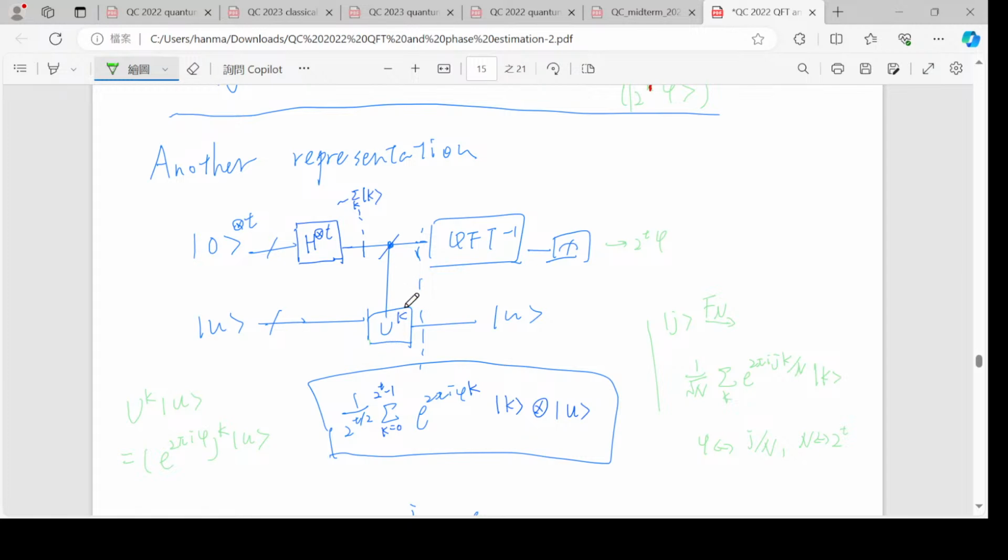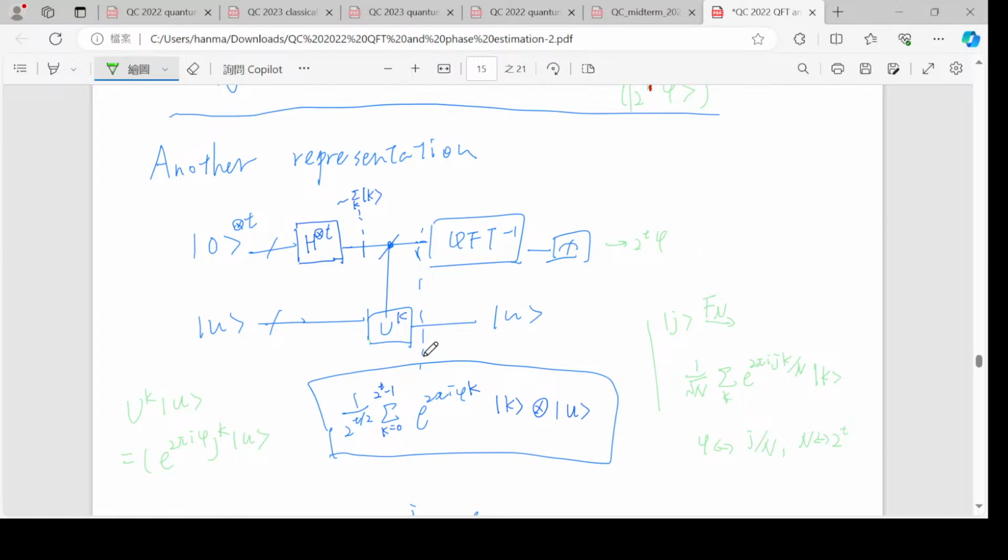Okay, so I guess we never talked about this kind of control, but this control means that you have T bits here, so you apply U to the k-th power depending on what computational basis state you have here. So the larger the number here, the more U you apply. Okay, so this is what we do in the weird control in the middle part. And this U to the k will do a very strong phase kickback, and you do inverse QFT, then you measure here, and you should get 2 to the T phi.